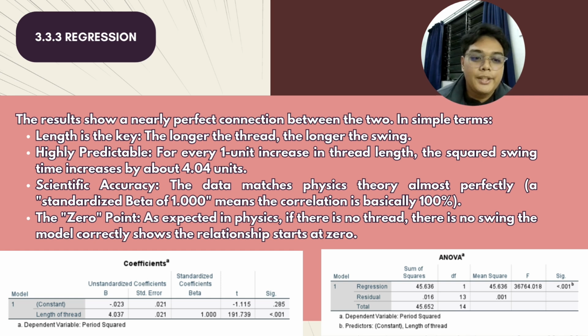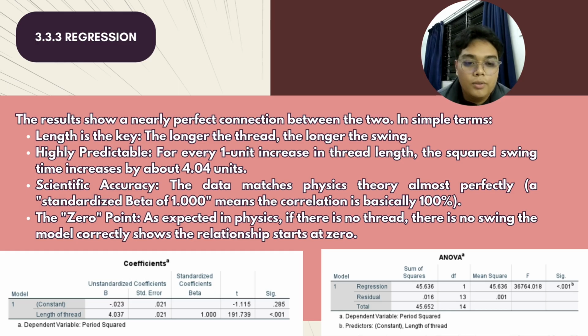The longer the thread, the longer the swing. And for every 1 unit increase in thread length, the squared swing time increases by about 4.04 units. This matches physics theory almost perfectly.